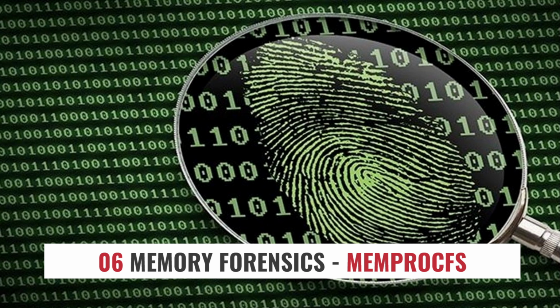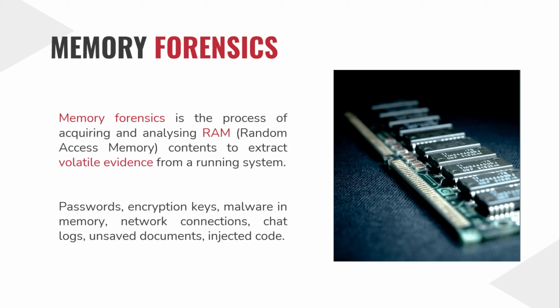Let's start with the basics. Memory forensics is the process of capturing and analyzing the contents of a computer's RAM, random access memory. Unlike your hard drive or SSD, RAM is volatile memory, meaning it only stores data temporarily. Once you shut down or reboot the system, the data is gone forever. So why bother analyzing the RAM?